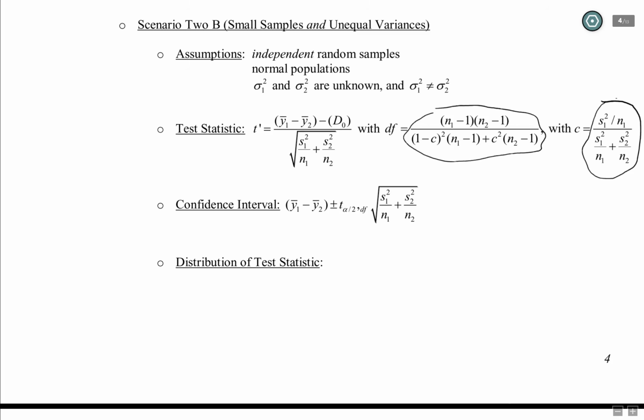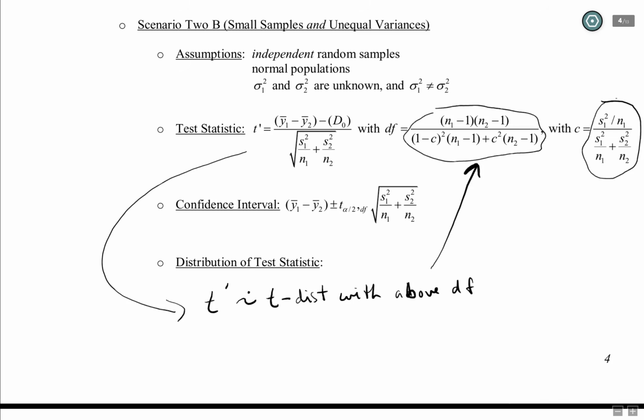So thinking about what t prime is here, it's that ratio, and it's distributed approximately, so that's where I have the dot on top, approximately t with the above degrees of freedom. That is, here's the above degrees of freedom. Okay, if you look in your book, they will call this technique the Welch-Satterthwaite t-test.